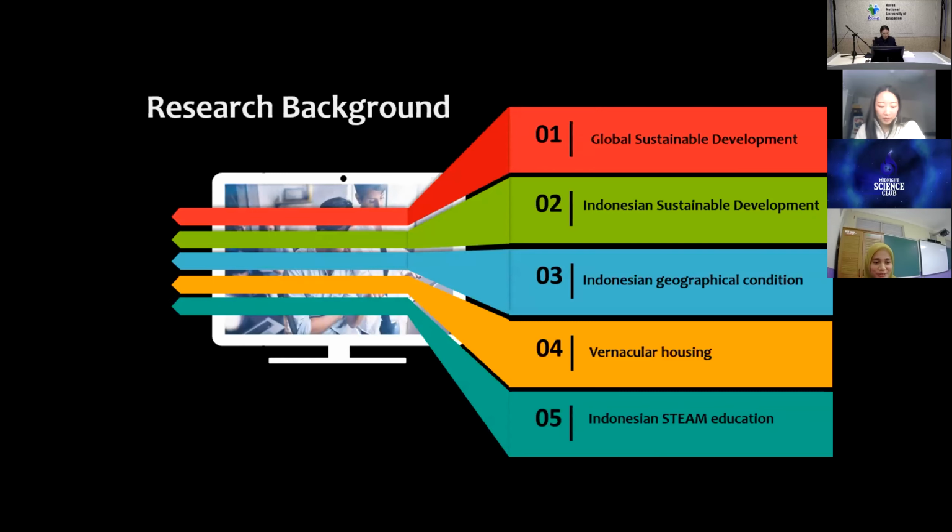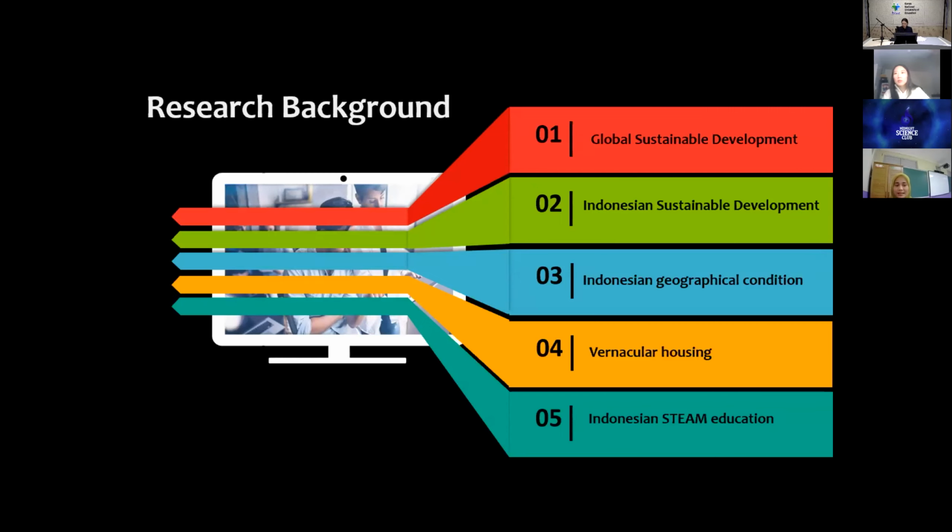Through its Agenda 2030, the United Nations has formulated 17 sustainable development goals as the main focuses of the global development. These goals address global challenges such as poverty and inequality, climate change, environmental degradation, peace, and justice. However, these sustainable development goals seem to be currently unfamiliar among Indonesian communities at the grassroots level.